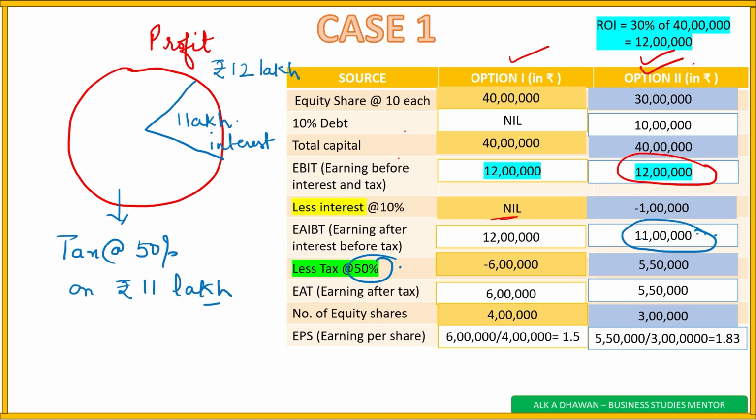That means 1 lakh which has been paid as interest is exempted from tax payment. This is what it means, that the amount of interest paid is treated as a tax deductible expense for calculation of tax liability. I hope it is clear to everybody.